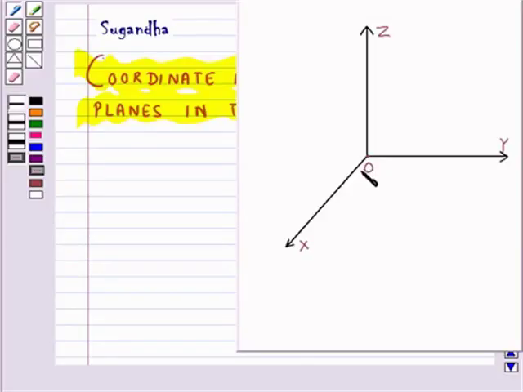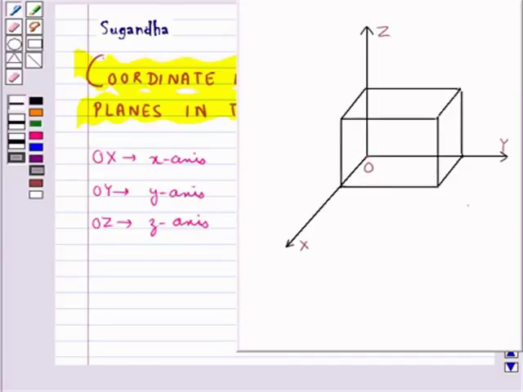Let O be the origin and let OX, OY and OZ be three mutually perpendicular lines. The line OX is the x-axis, OY is the y-axis and OZ is the z-axis. These are the coordinate axes.